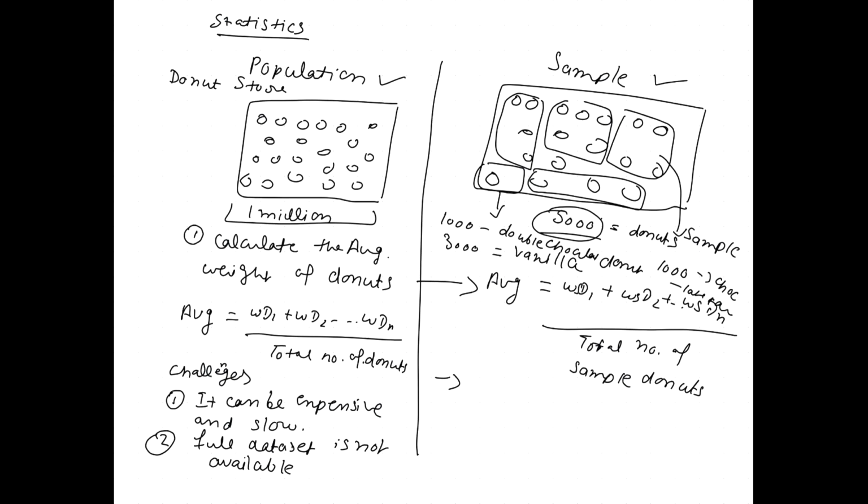But in the case of sample, the biggest advantage is faster training and testing of the machine learning model, whereas population is slow, as we have discussed. You need less computational power with a sample, and it is easier to collect when data is limited. So this was the major difference in challenges, advantages, and definitions of population and sample.